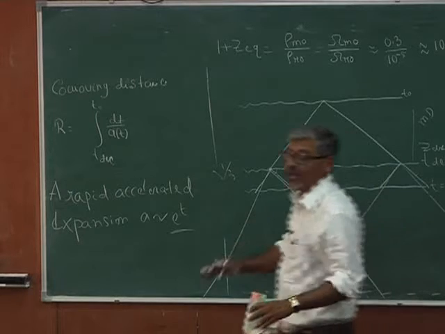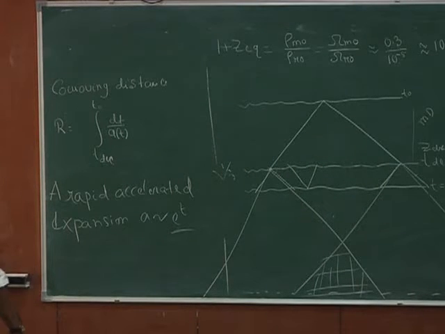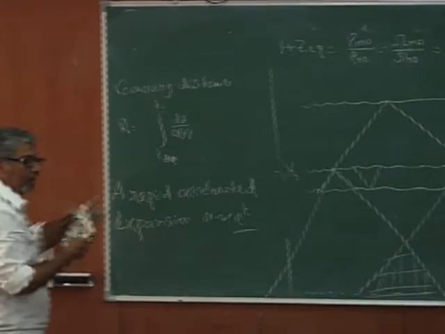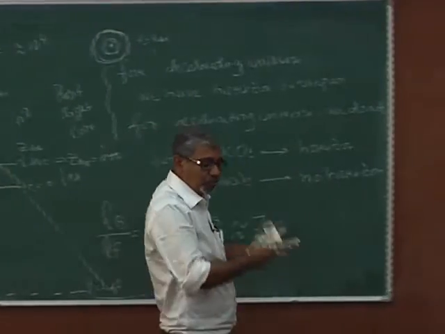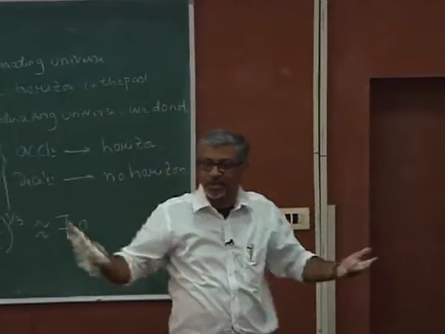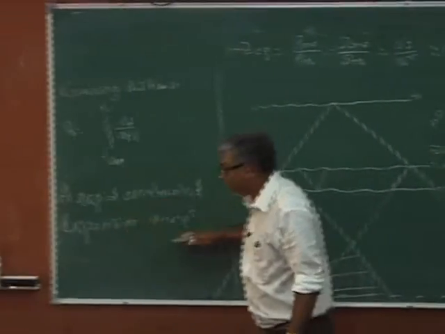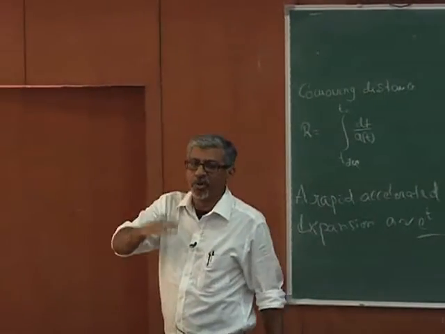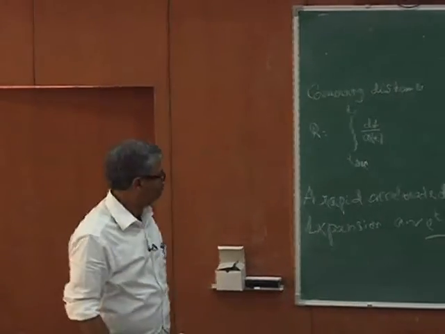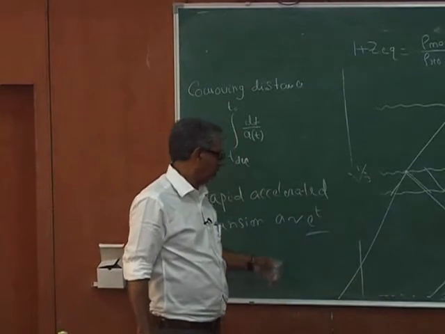So we not only need exponential expansion, we need to stop it and go to decelerating expansion, because Big Bang nucleosynthesis and structure formation are needed. If the universe is always accelerating, nothing will happen. So we need a very rapid period of accelerated expansion, but it has to be short enough, because after that we need the decelerating universe. With a cosmological constant we cannot end this accelerated expansion.